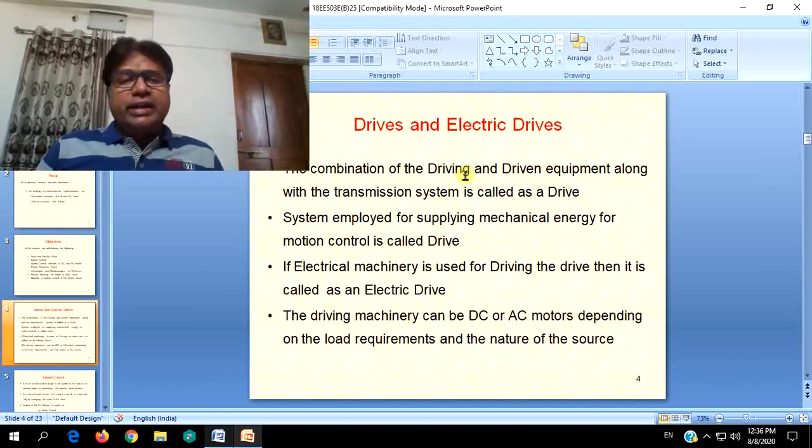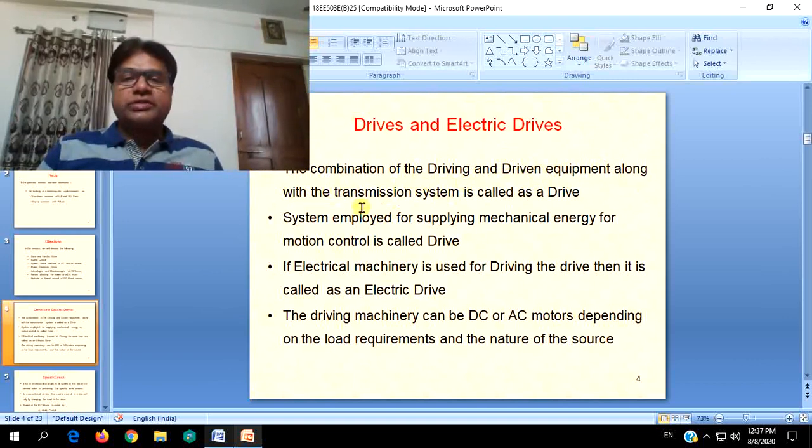That load can be rotatory or linear motion, or the motion required to move that load may be linear or rotatory. So driven equipment is nothing but your load. So drive is the combination of the prime mover or driving equipment and the load to be driven along with the transmission system.